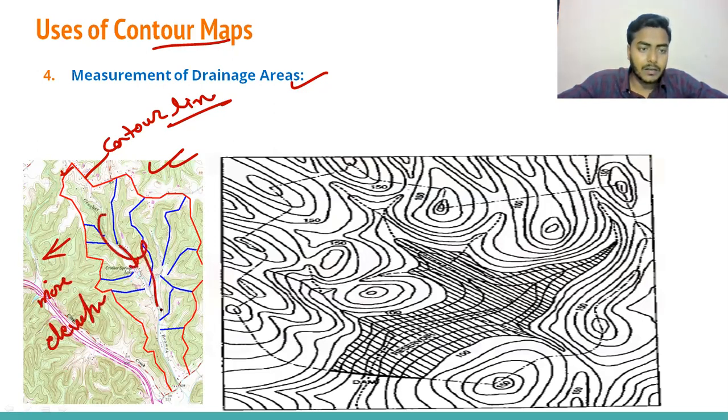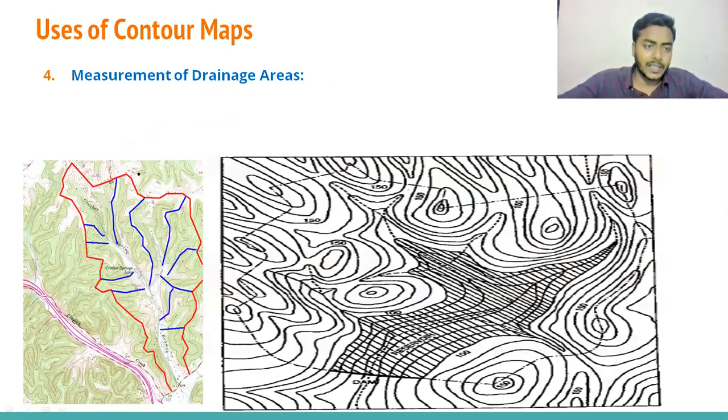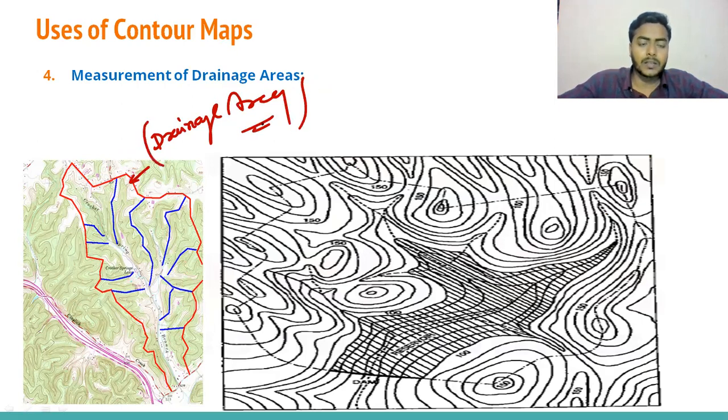This side, inside this red line, has less elevation. We can say, okay, water can be collected here. We can also call it a reservoir. So whatever area is formed by this red line, that is called drainage area. Okay, so that we can calculate using the planimeter, another method also.